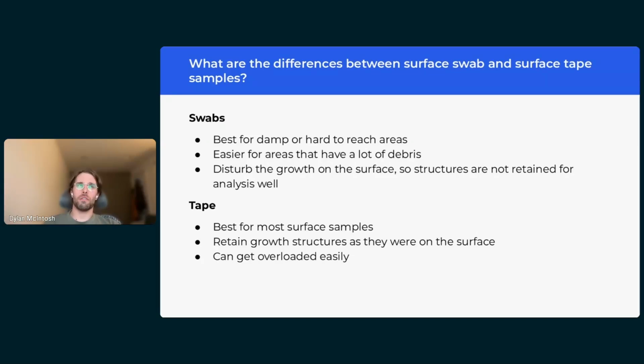So a swab is great in those instances. But the main downside is they disturb the growth on the surface as it gets collected. So those spatial relationships of where things are on that surface are not retained for the analysis. It can be a little harder for us to determine if it's growth or just settled mold spores.